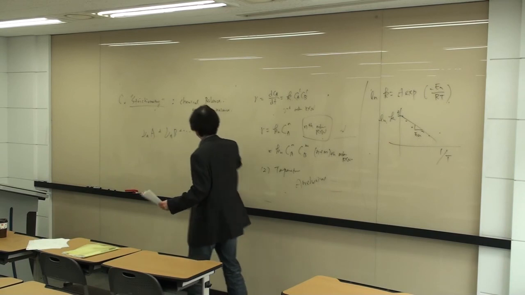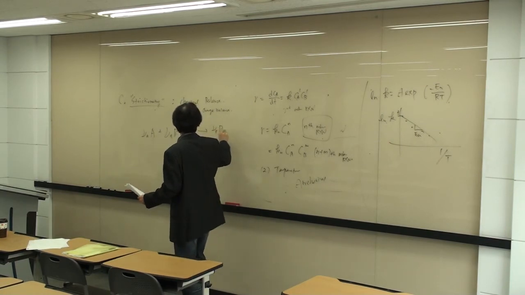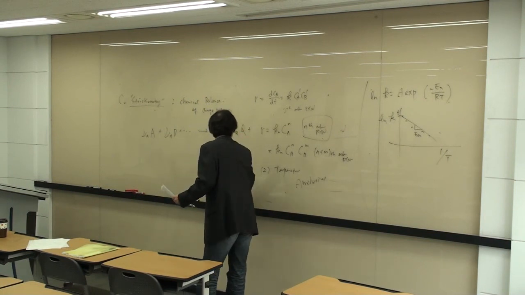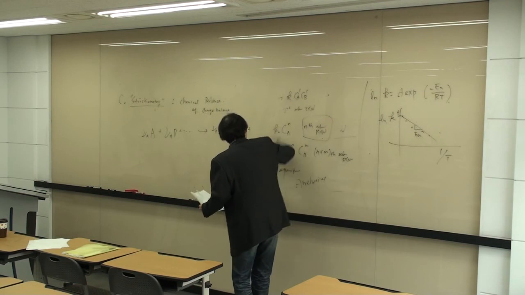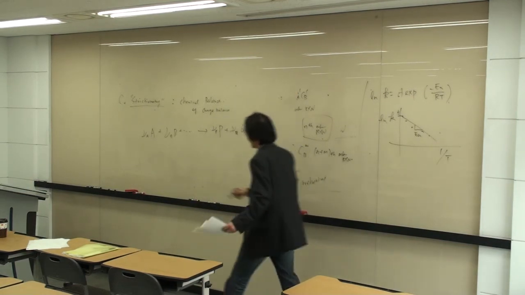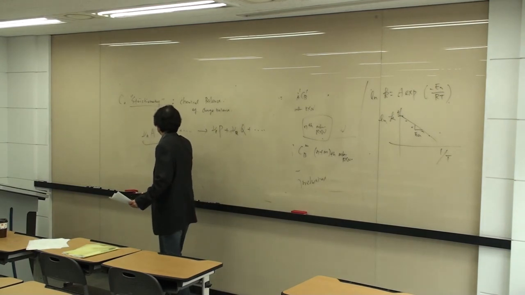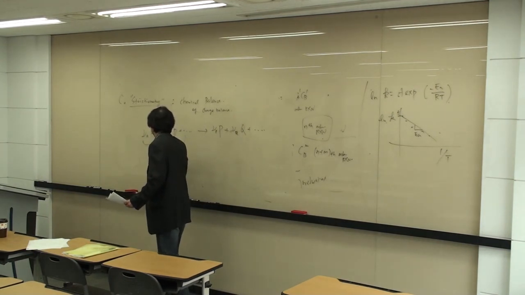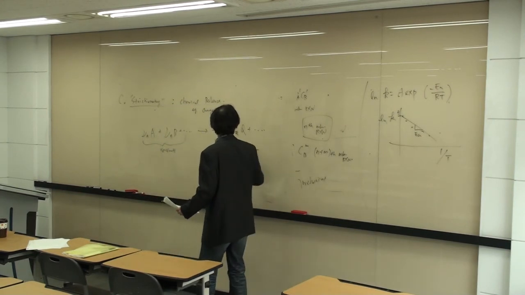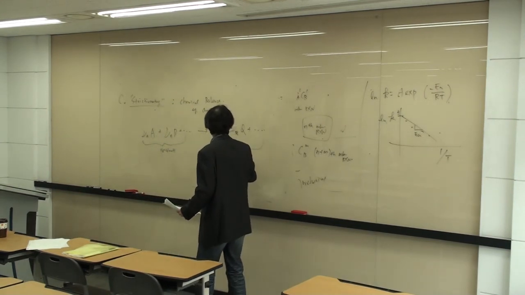After reaction, you can have nu P P plus nu Q Q plus lots of different products. This is reactants, and this is products.